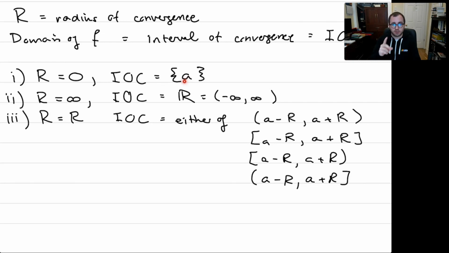It's also possible that a series converges no matter what value of x you put in, and the interval of convergence is the real numbers, the radius is infinity. It's also possible that the interval of convergence can be some interval, and the interval can be open, so it excludes both endpoints. It can be closed, so it includes both, or it can include the left or include the right. There are 6 possible types of intervals of convergence for power series.